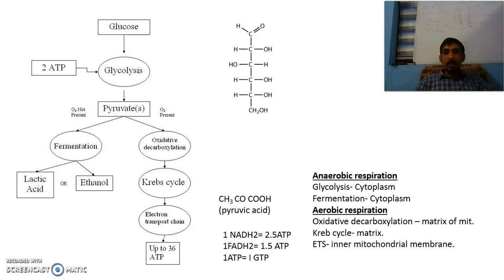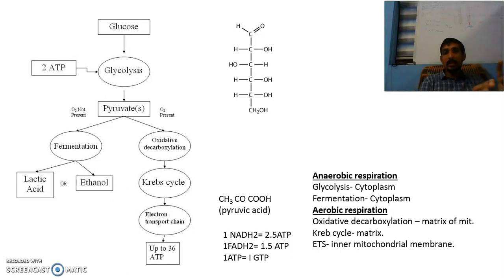Okay. So before we move into aerobic respiration, we need to know the location of fermentation. Like glycolysis, fermentation also takes place within the cytoplasm. So we can say that in anaerobic respiration, both glycolysis and fermentation take place within the cytoplasm.